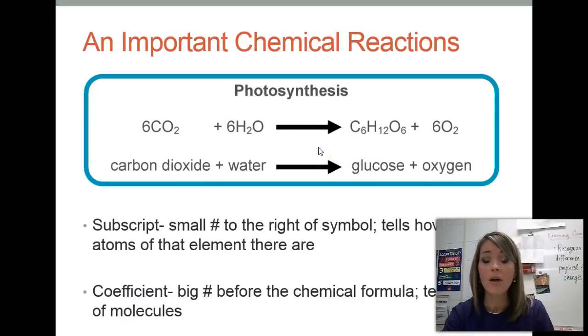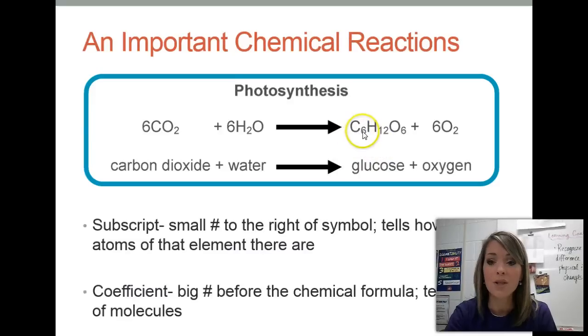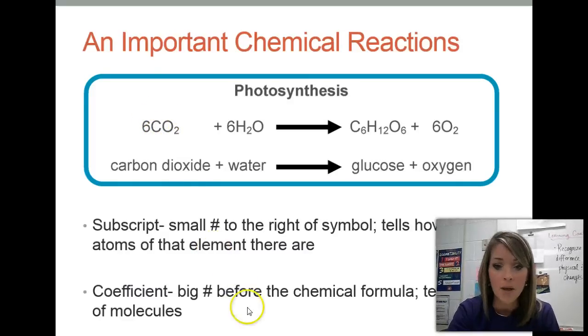When they break apart and regroup to make new substances, they're going to make glucose, which contains 6 carbon, 12 hydrogen, and 6 oxygen. And they're also going to give off 6 molecules of oxygen, 6 O2. So 6 little O2s are going to be released. Now, one thing to remember is that I know that the C and the O don't go together because the O is capitalized. If this went together as one symbol for one element, the O would be lowercase.